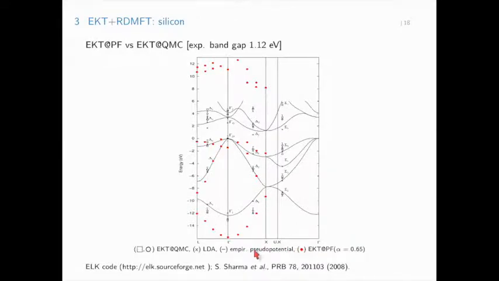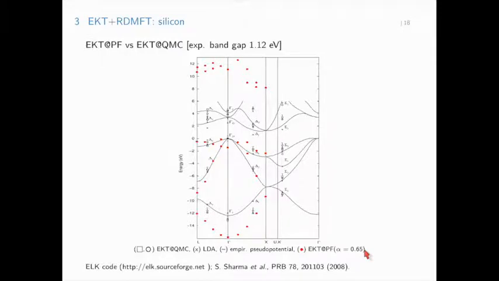To obtain our results, we implemented our approach in a modified version of the L code. And this is what we obtain in red when we combine the EKT with the standard power functional.